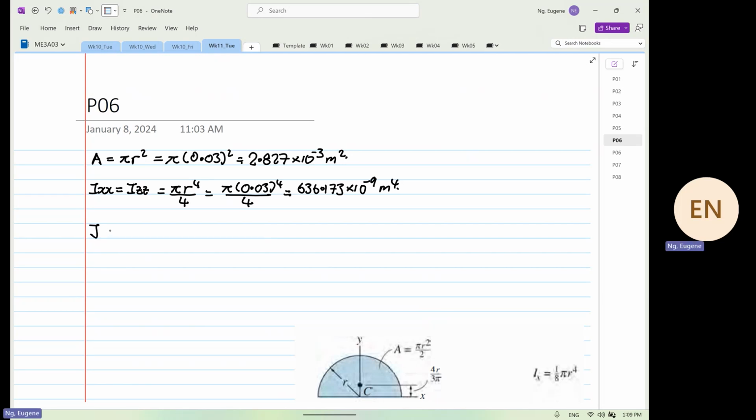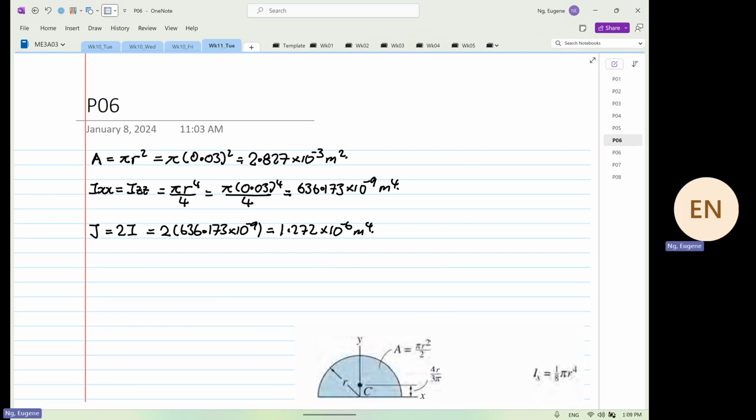And J will be equal to 2I. This is the second polar moment of area. So 2 multiplied by 636. All these formulas will be provided. So multiply by 2 is 1.272 times 10 to the power minus 6 meter 4.